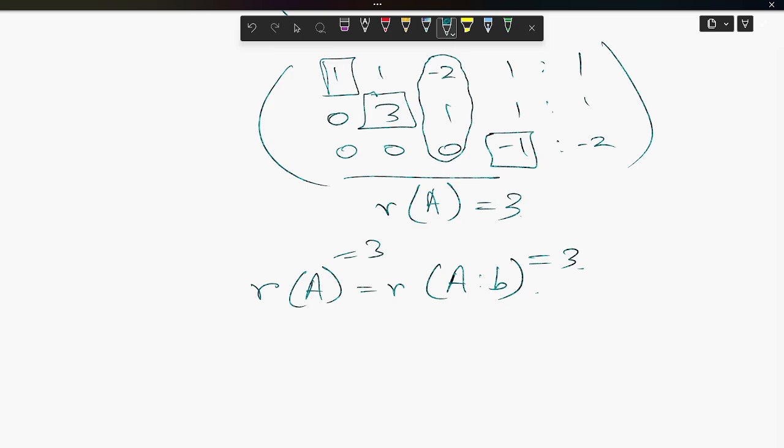That means we can say that the rank of A is 3, the rank of A augmented B is 3, and the number of variables is 4. Since the rank of A is equal to the rank of A augmented B, but is less than the number of variables, the system has infinitely many solutions. Okay, so the correct options of this given question will be A, D.